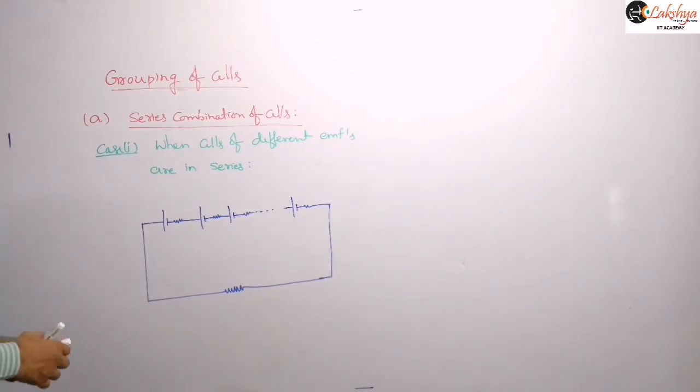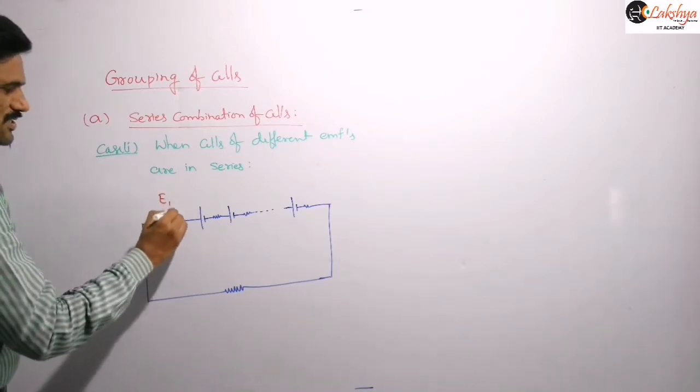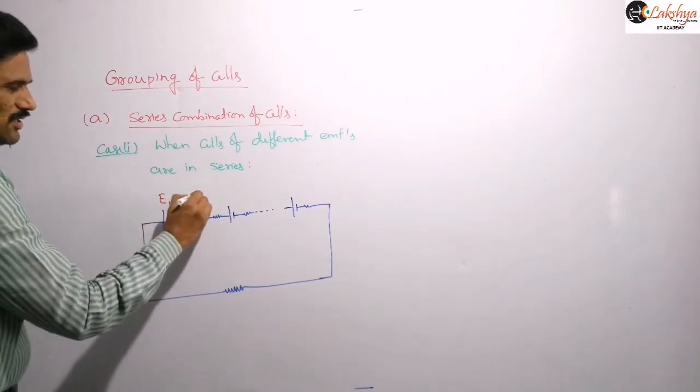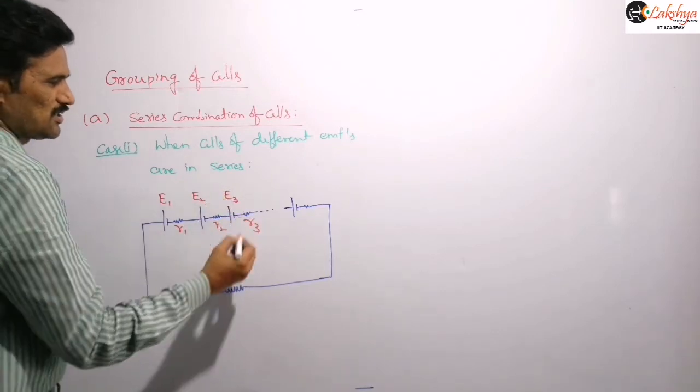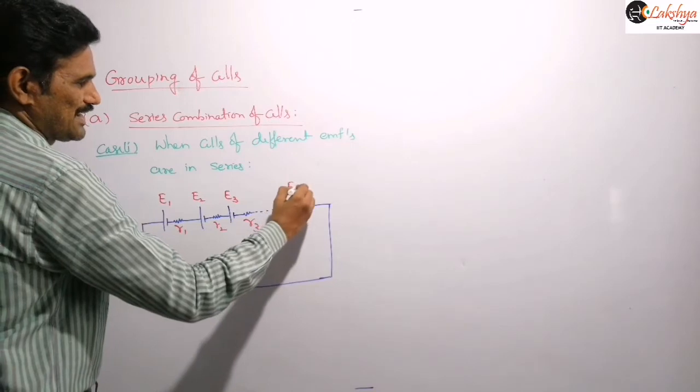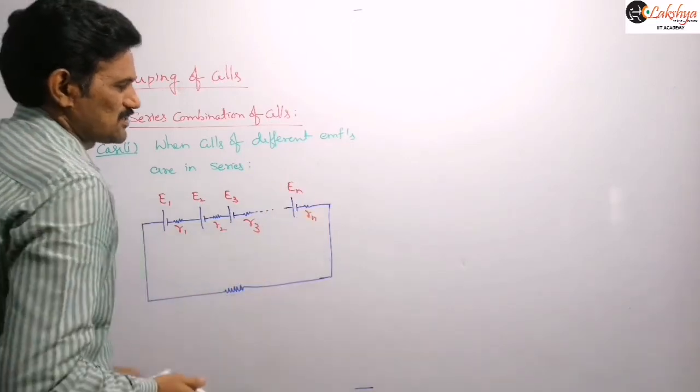Now these are the cells of different EMFs here. So I am taking this as E1 and internal resistance R1. This is E2 and internal resistance R2, like E3 and internal resistance R3 and so on. So like N cells we are taking here, then this is Rn.